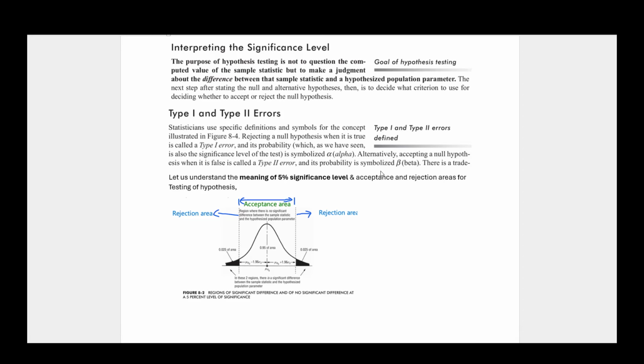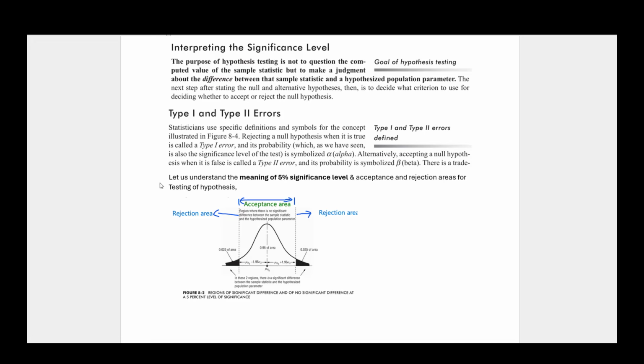So alpha indicates the probability of type 1 error. Type 2 error is accepting a null hypothesis which is false, and its probability is symbolized by beta.